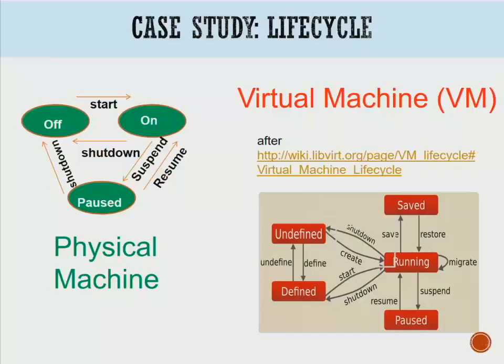Defined also means that, say, you can have one Docker image sitting on your laptop in a state which is undefined, in the sense that it is not decided where it's going to run. It could run on your laptop, in Amazon cloud, or on Azure cloud.